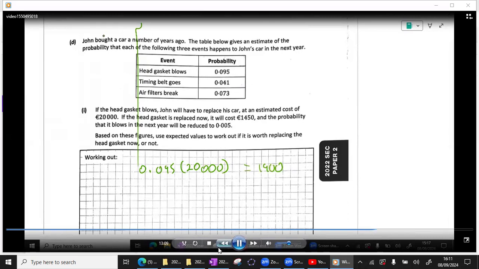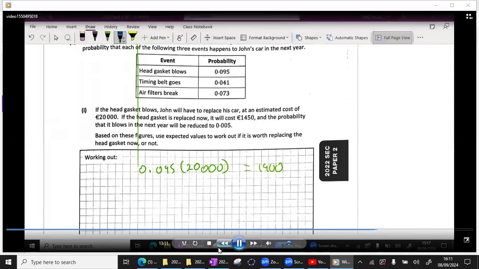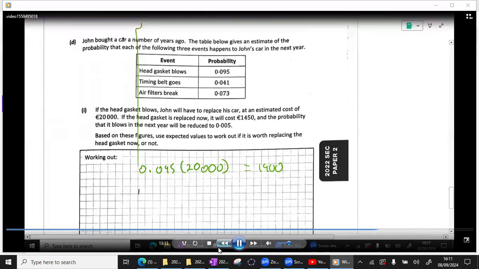Now, if he replaces it now, then I can expect to pay the 1,450, which is what it will cost. But I still have the risk that it could blow again, but the risk is obviously much lower. In fact, it says it will go down as far as 0.005. So this time, if I multiply that by the 20,000, I can figure out what on average we expect it to cost me.